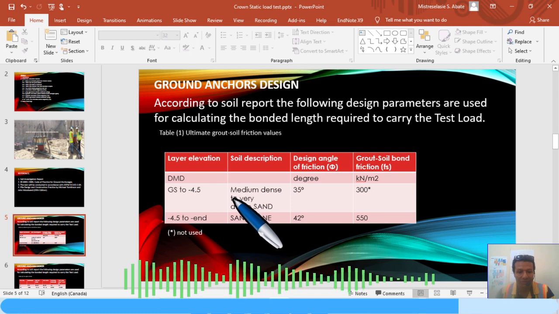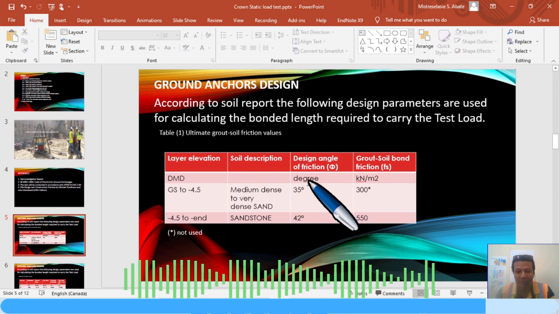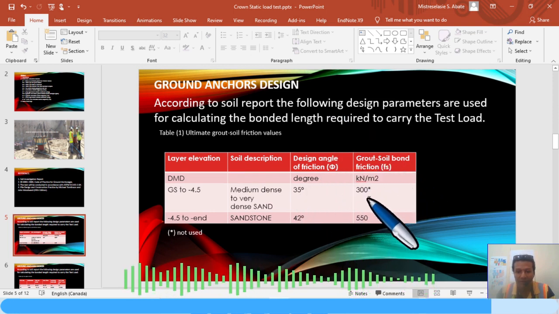The soil description from GS to minus 4.5 is Dubai Municipality data: medium dense to very dense sand, and from minus 4.5 to the end, sandstone was observed during the soil test. The design angles were 35 and 42, and the ground soil bond friction is 300 and 550.